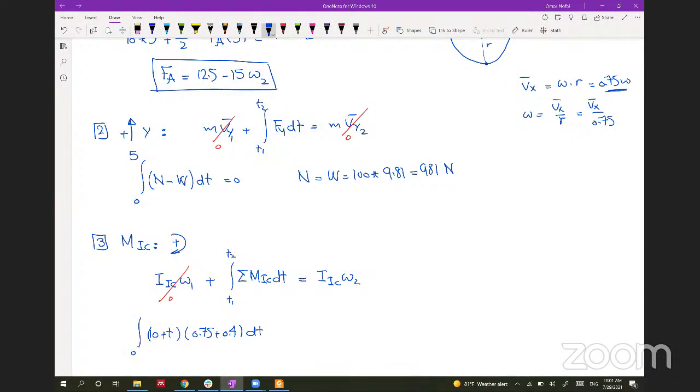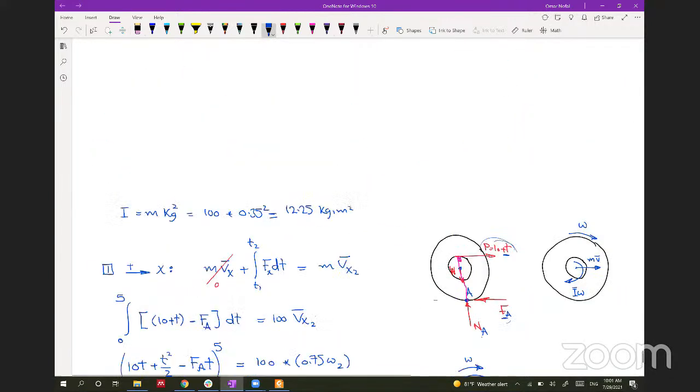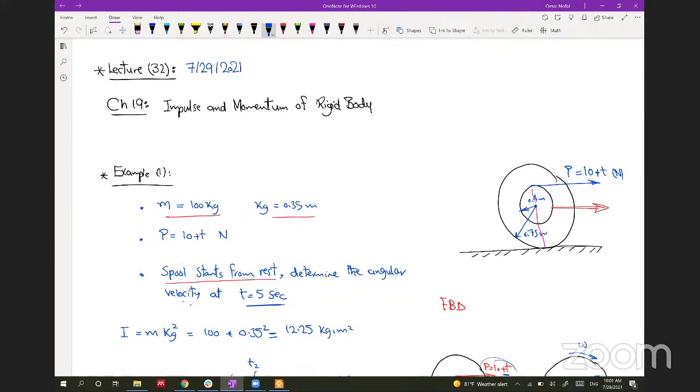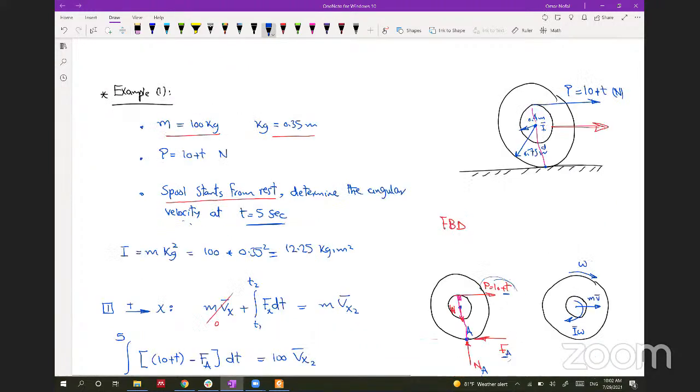and I need to integrate this with respect to dt from 0 to 5, and this should be equal to the moment of inertia about the instantaneous center, which is equal to the moment at the CG plus the mass multiplied by d squared. So I need to transfer the moment of inertia from the center of mass to this point. So I will get the moment of inertia about the CG and then multiply the entire mass by this distance d, which is 0.75 squared.